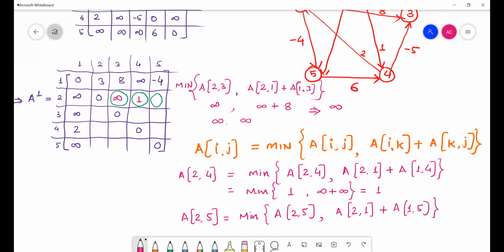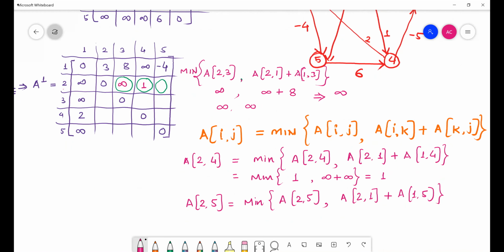Can you substitute the values quickly? Tell me. 7, infinite and minus 4. So infinite plus minus 4, let's not get confused. What is the smaller value? 7 is the smaller. So 7 here.